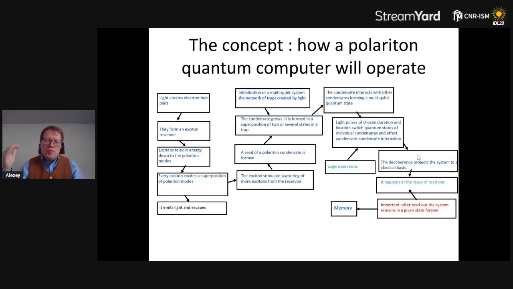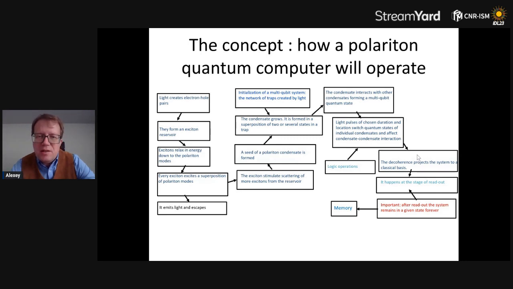So then this superposition can die, the exciton can disappear, but it can also survive, and it can be amplified by new excitons, more excitons coming to the system. This is a stimulated scattering process that is responsible for creation of exciton-polariton condensates. So the condensate grows, and it is in a superposition of 2 or several states in a trap.